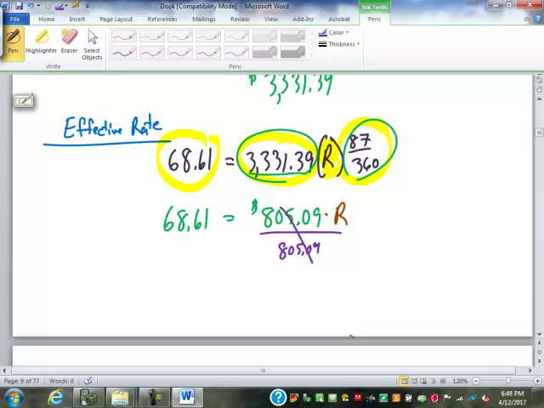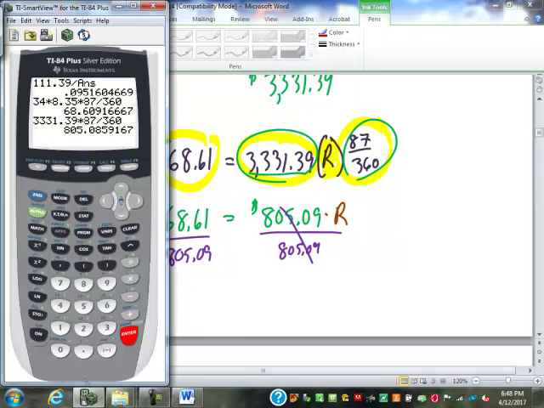So now we're going to divide by the 805.09. And again, in our calculator, we're going to type in the 68.61 divided by, then second answer, to use that previous answer, is 0.08522.